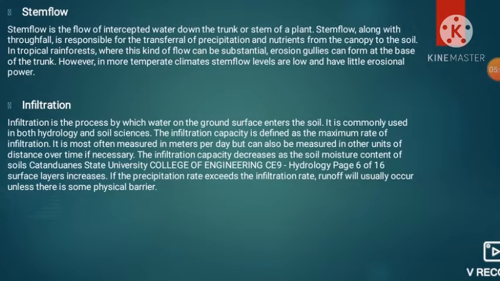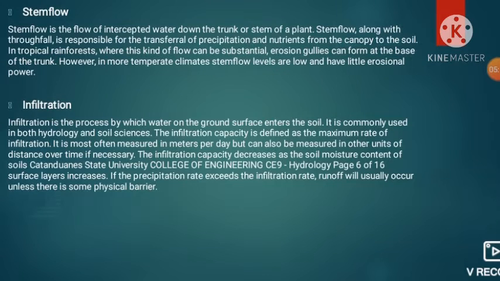The infiltration capacity decreases as the soil moisture content of the soil's surface layers increases. If the precipitation rate exceeds the infiltration rate, runoff will usually occur unless there is some physical barrier.